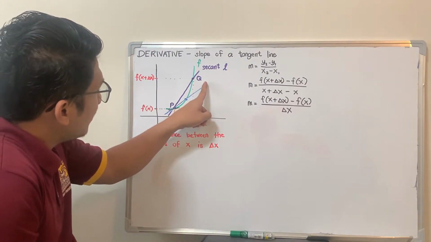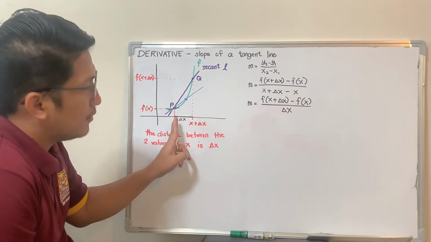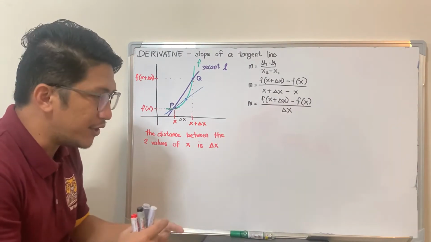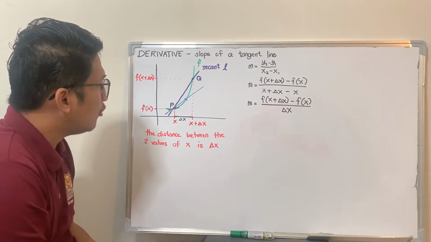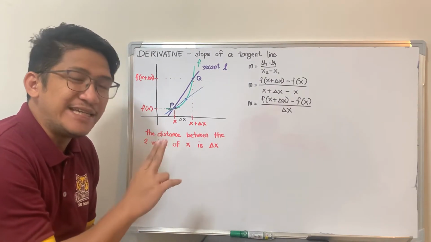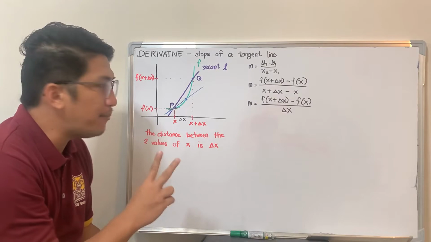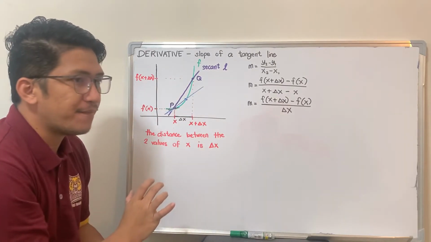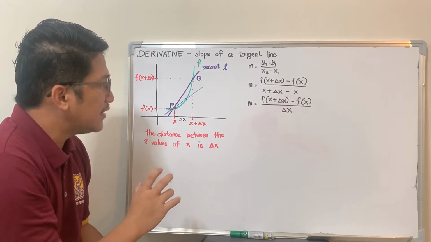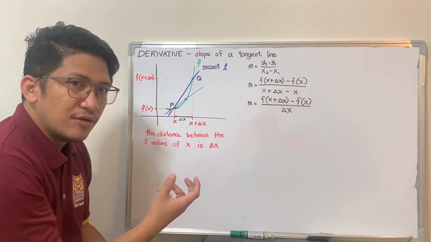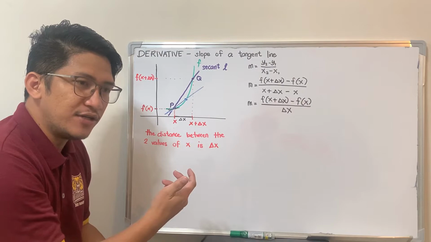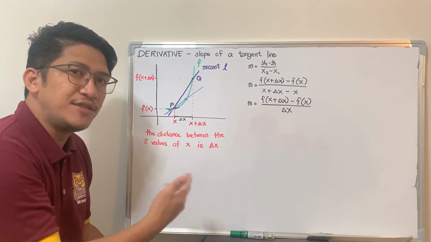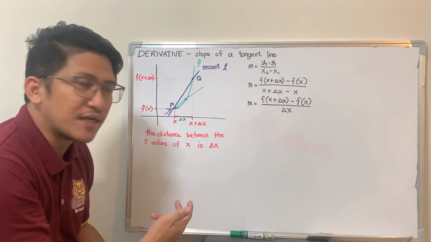Kung ang usa ka point is approaching a point, another point, or actually dili man necessary kung asa ka point, bisag unsa man, pwede silang duha approaching each other. So kung magkaduol ang duha ka points in a curve, okay? The second line, magkaanam-anam siya og represent sa curve.